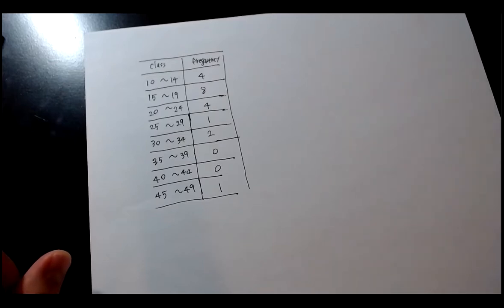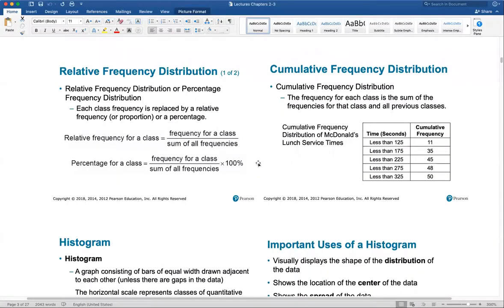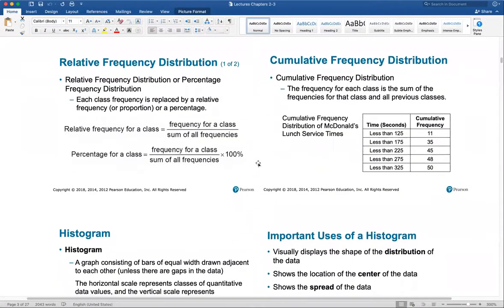Now let's see the other type of frequency distribution, the relative frequency distribution. It's similar to the frequency distribution, but we calculate the relative frequency instead of just the frequency.